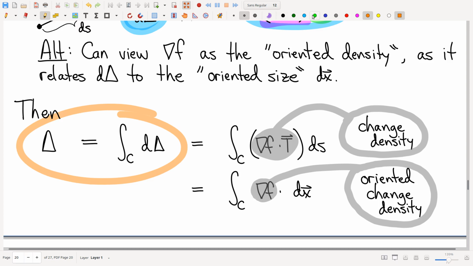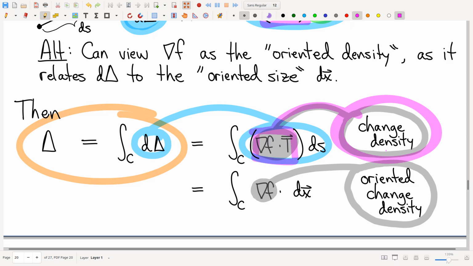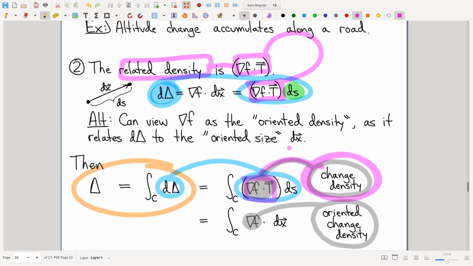Next, as we wrote above, quantity per unit size is associated with the corresponding density, what I'm going to call change density. So this blue substitution here, that's exactly what we have in blue here. And again, gradient dot t is our density. And we've basically got a theorem here.